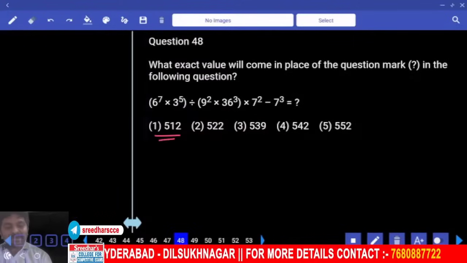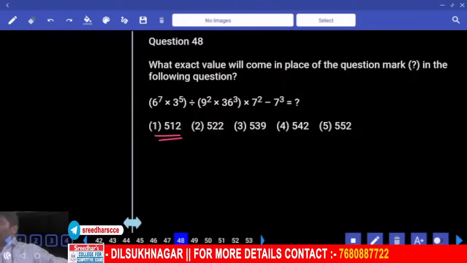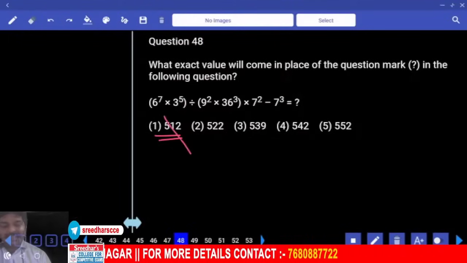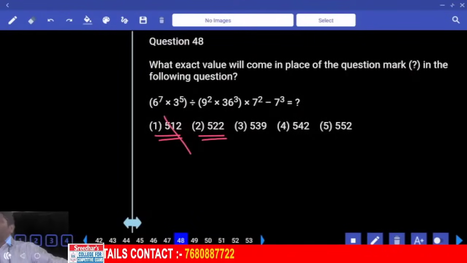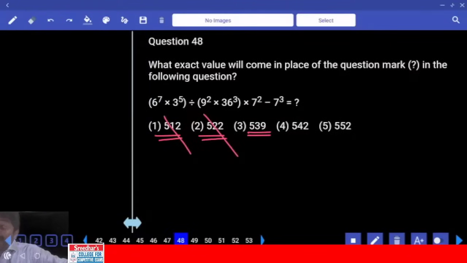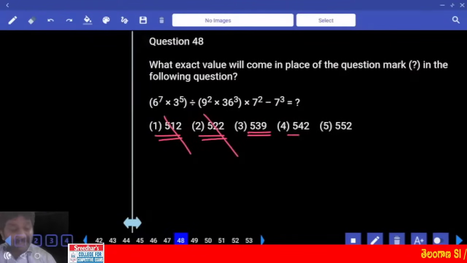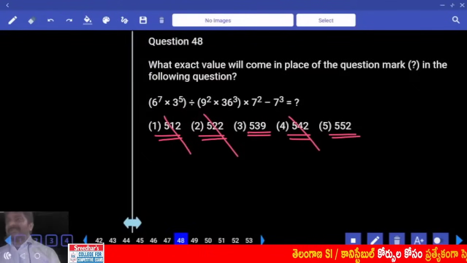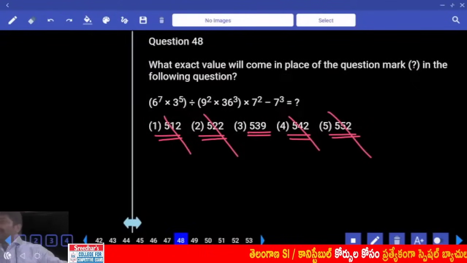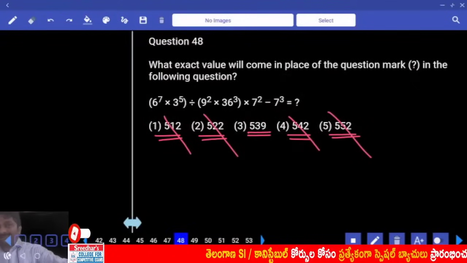This is how much more than 490? 22, not a 7 multiple. How much is this number more than 490? 32, not a 7 multiple. This one, a 7 multiple? Yes. This is how much less than 560? Not a 7 multiple. How much less than 560? So there is only one 7 multiple, the third option, direct answer.